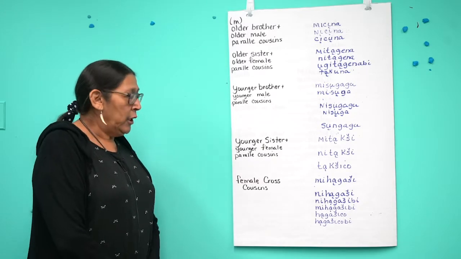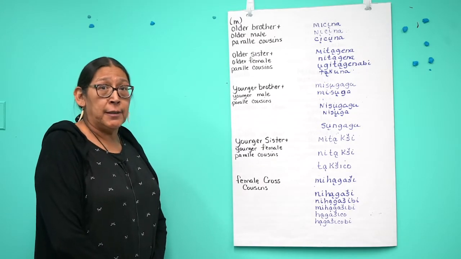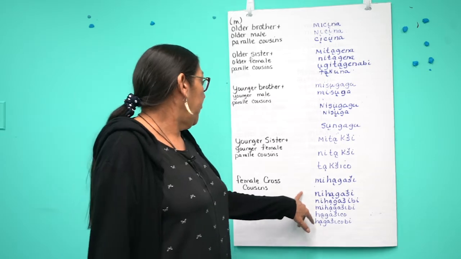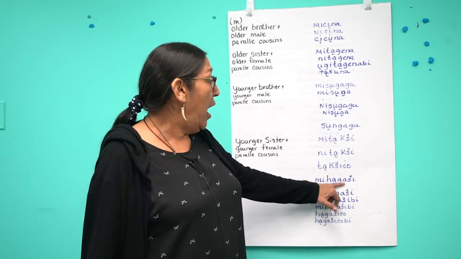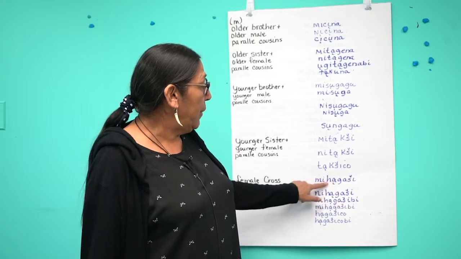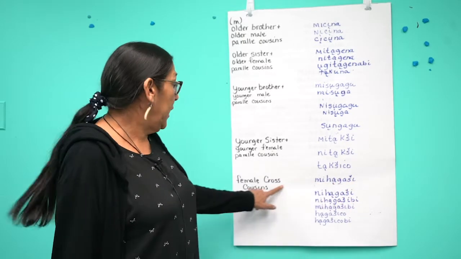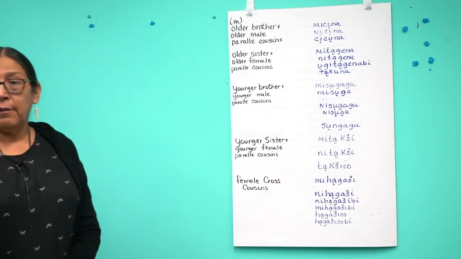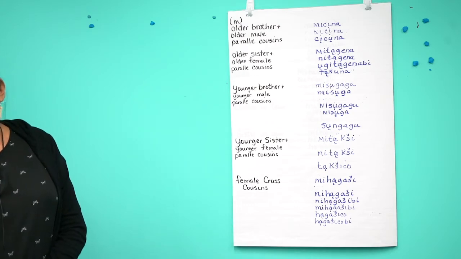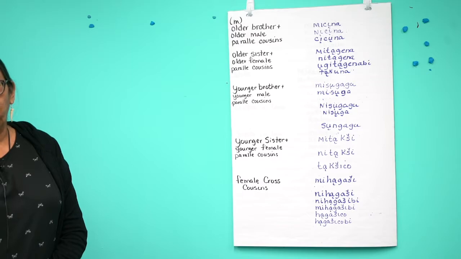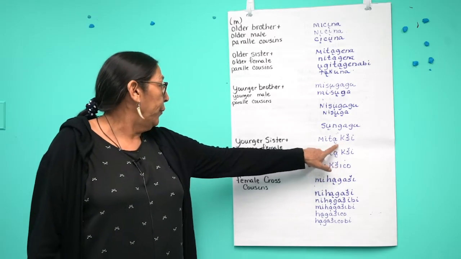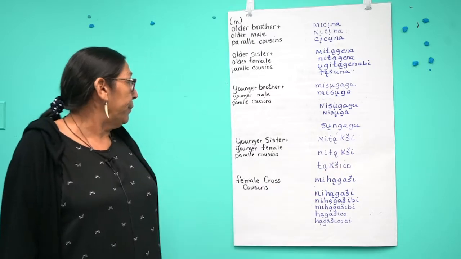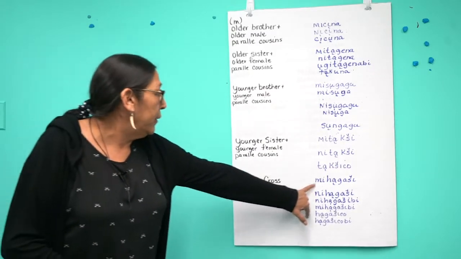Now, we're going to go to female cross cousins. Mihangashi. This is nasalized. That's my female cousin. So Junior's kids would be the female cross cousins.